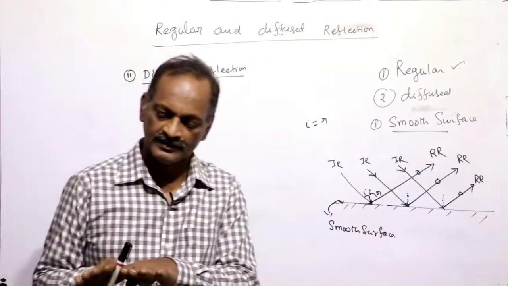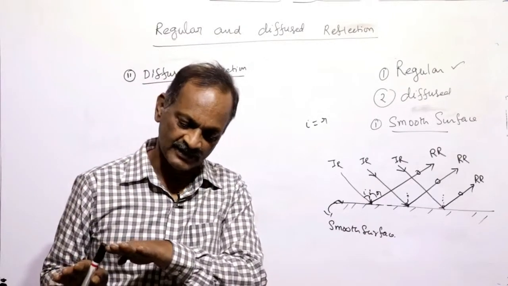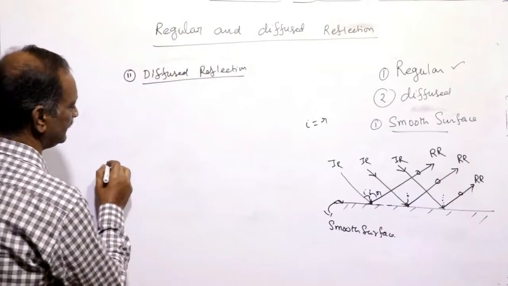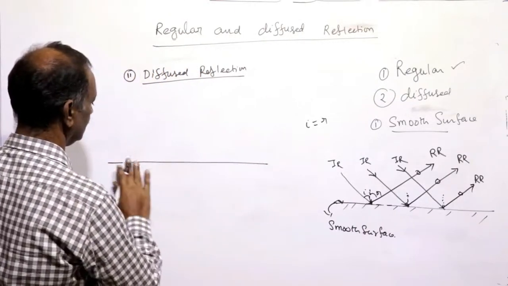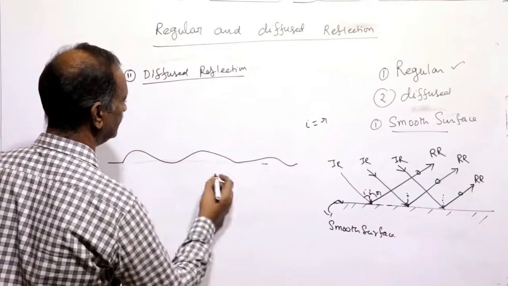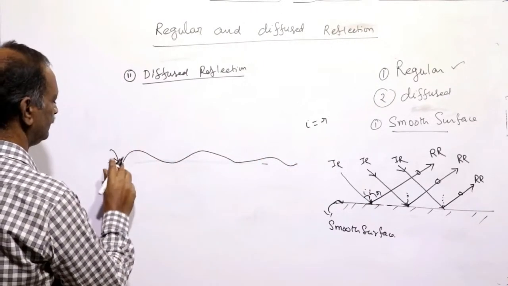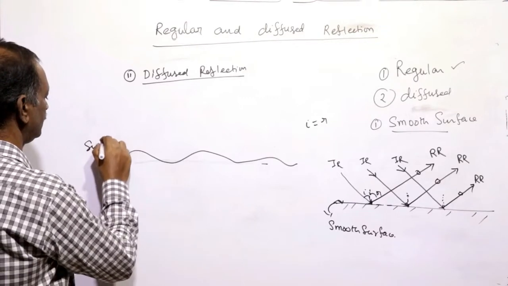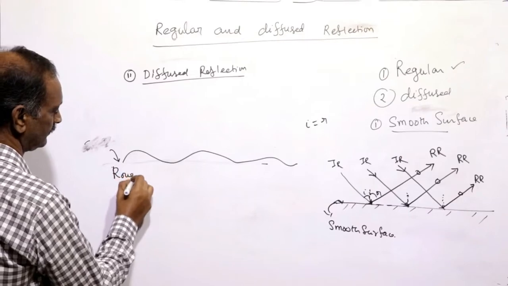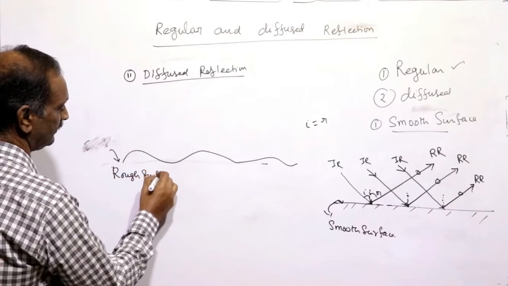Rough surface means the surface is not smooth, and it will be rough like this. So we can say this is the rough surface.